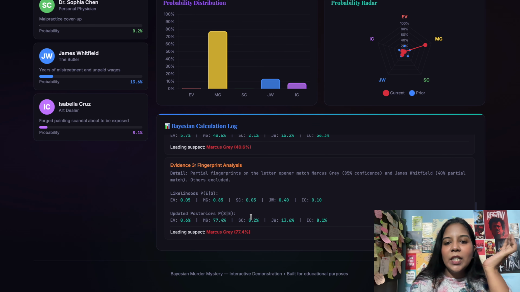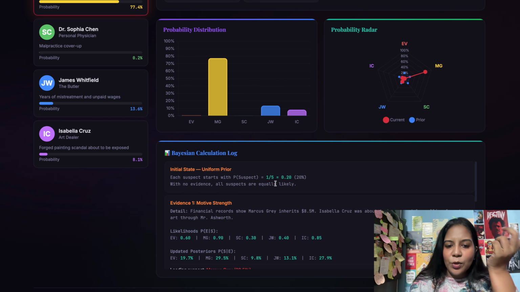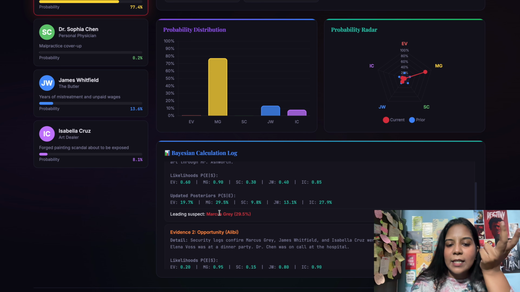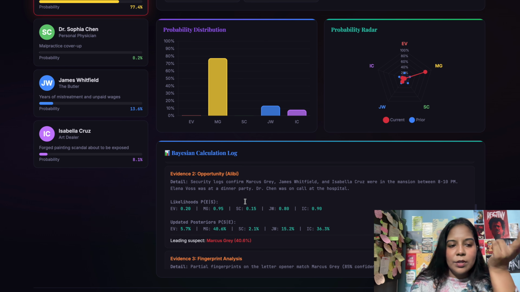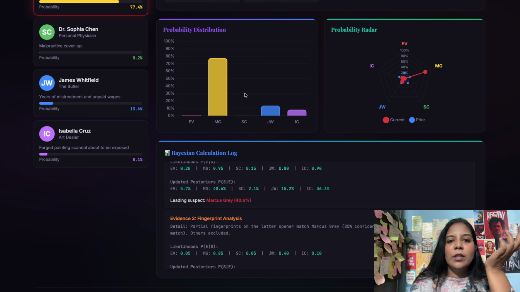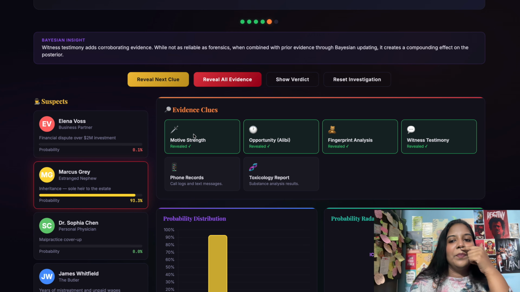But when we go with the evidence point of view, the motive and opportunity, it is adding up slowly for Marcus. It started with 29 and is close to Isabella, and Isabella does not have the fingerprint match. Let's go with the next clue. Witness testimony.